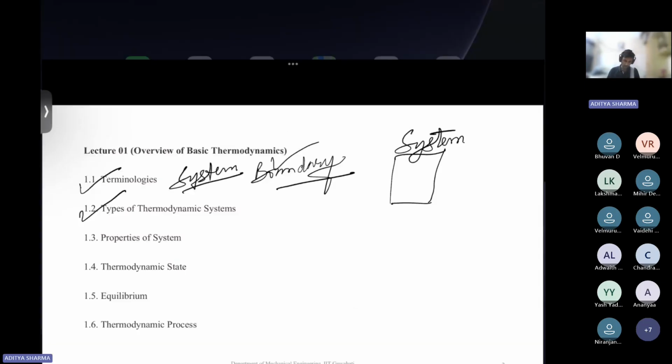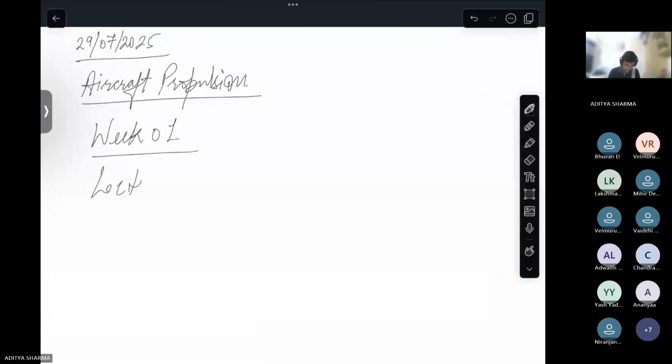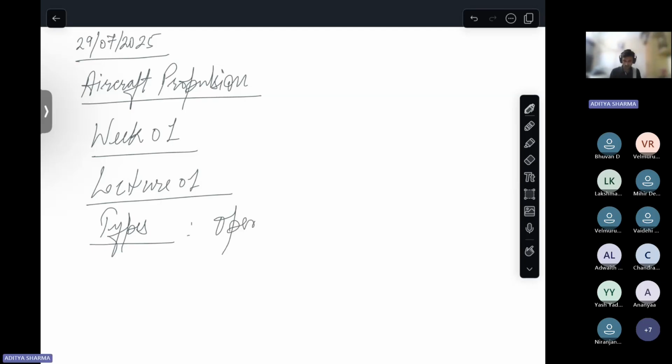The types are the open system, the closed system, and the isolated system. These are fundamentals. I hope there is no doubt in these. If in case there is, you can always ask me.